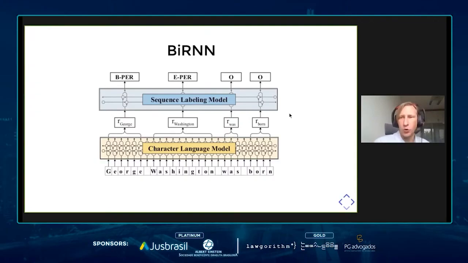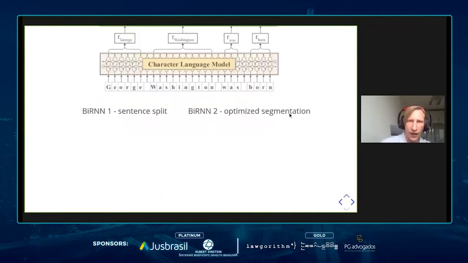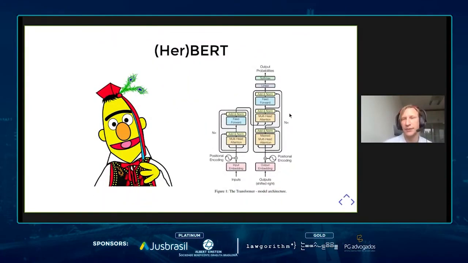So this is the approach used in FLAIR, and we provided two versions of this, one trained on the sentence split, and the second trained on the optimized segmentation. And the last family of models were, as I said, BERT, Roberta, XLMR, and Herbert. I won't get into the transformer architecture because I think that so much time was already spent discussing BERT. So I will move to the next slide.